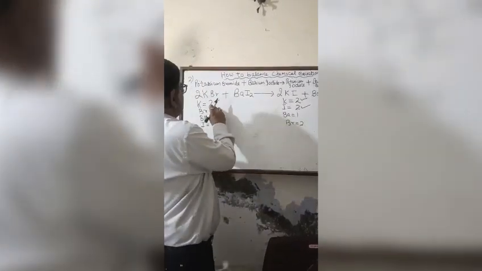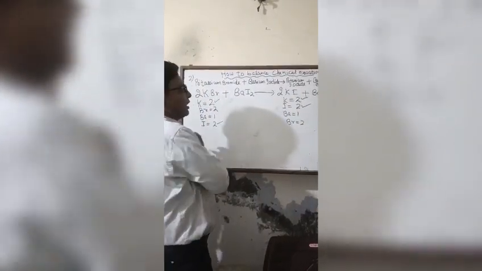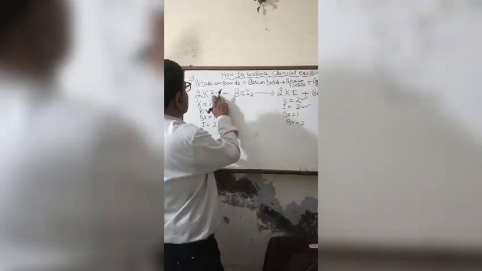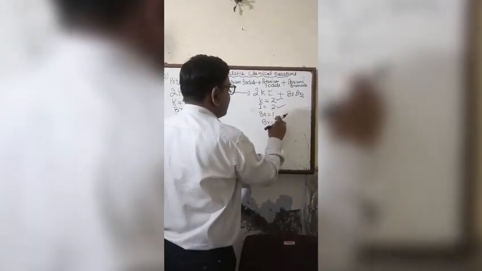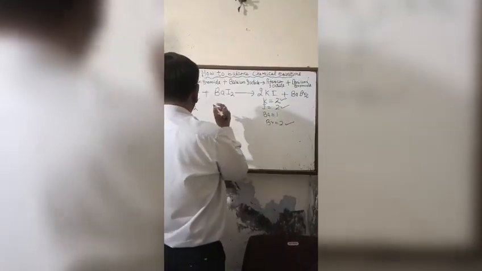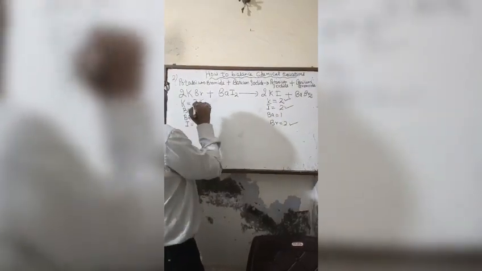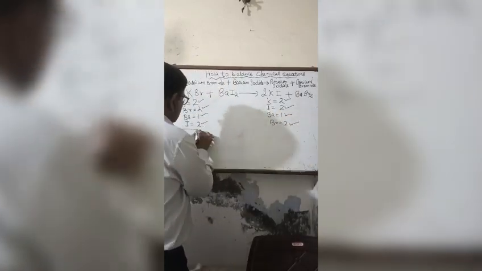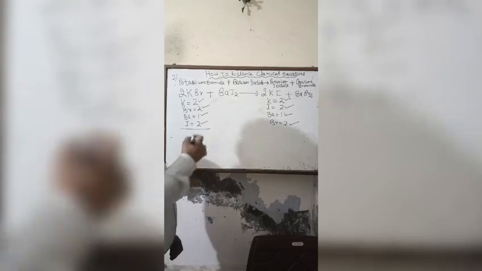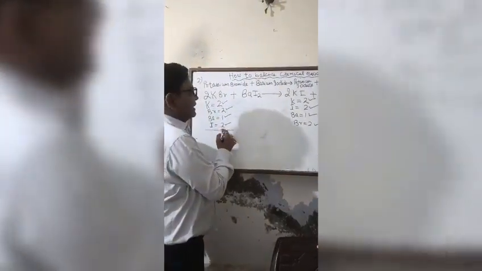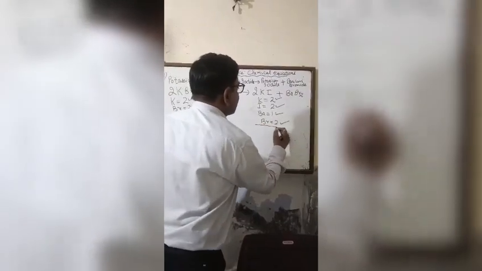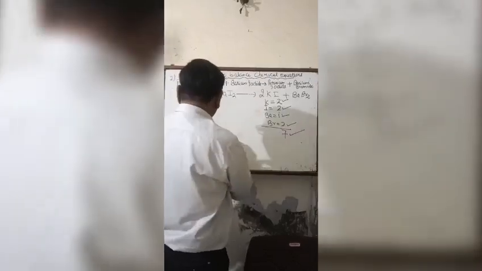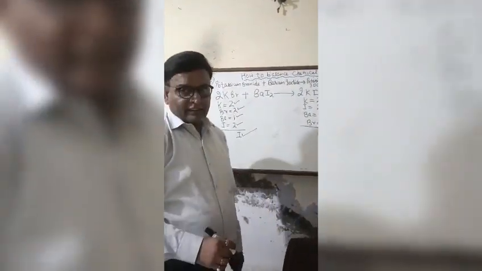Now barium becomes 1, bromine becomes 2, and here bromine is also 2, so it is also balanced. And barium 1, barium 1. Now do the total. 2, 4, 5, 7. Here in products 2, 2, 4, 5 and 2, 7. Hence the confirmatory test shows that our answer is right.